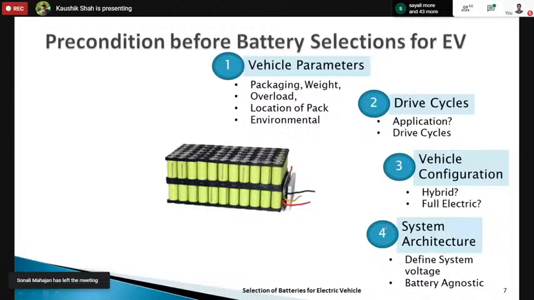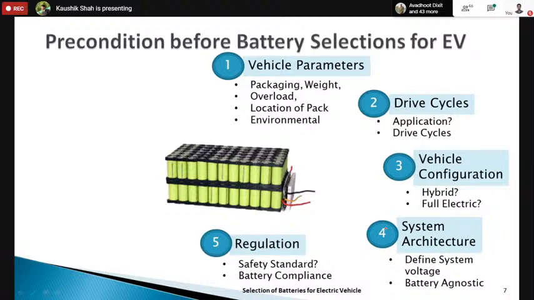Whether it is battery agnostic, which I mentioned, so that tomorrow it goes with another battery chemistry. Are you able to do it easily or not? The system architecture takes this kind of decision and needs to be ready before battery selection. Regulation needs safety standards. Someone must have mentioned cell penetration tests. There are a bunch of tests for the standards.